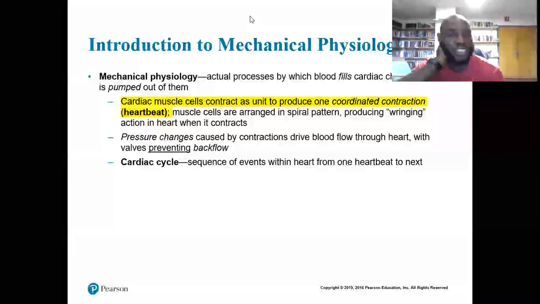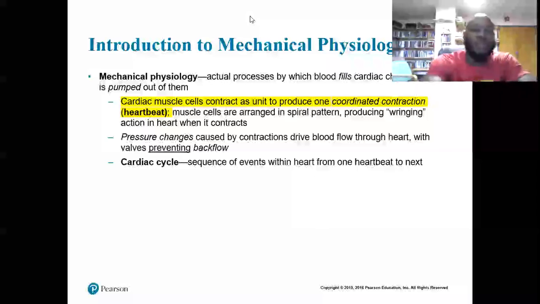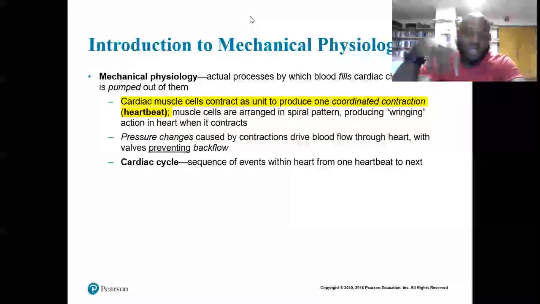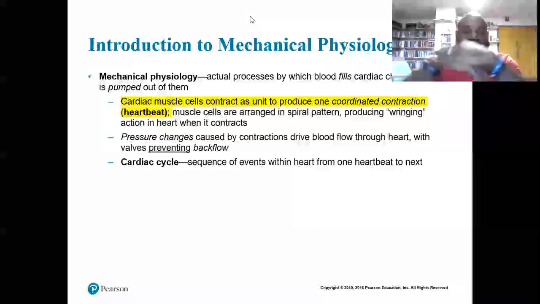Muscle cells are arranged in a spiral pattern, producing a ringing action. And the pressure that they're able to exert on the fluid, which is blood, that's in the chambers, allows the blood to flow, but also that pressure prevents the backflow, because it helps close the valves.